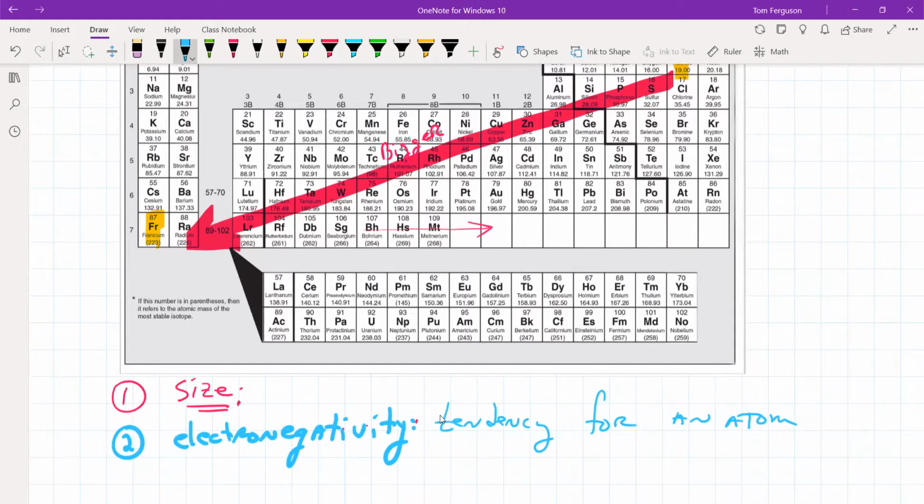Okay, that's the tendency for an atom to attract an adjacent atom's electrons.